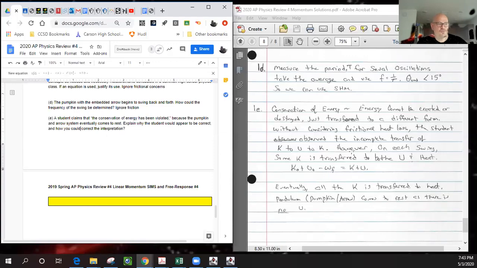However, on each swing, some kinetic energy is transferred to both potential energy and heat. So the full equation is that we have to consider frictional loss. Eventually all the kinetic energy is transferred to heat, and the pendulum pumpkin system comes to rest as there is no more potential energy left. Okay, let me hit pause here.